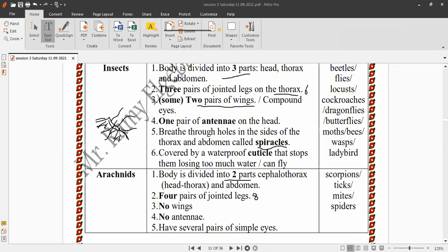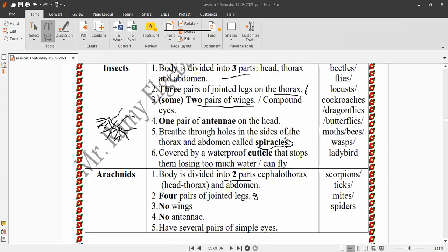Some species have 2 pairs of wings, compound eyes, 1 pair of antennae on the head, and breathe through holes called spiracles. And they are covered by a waterproof cuticle that stops them losing too much water.